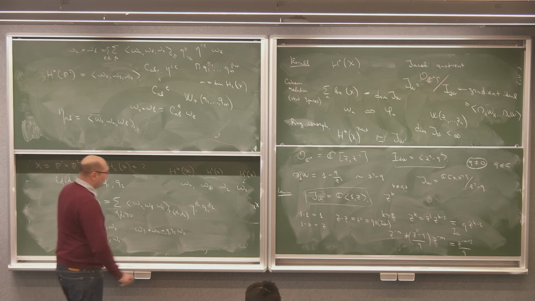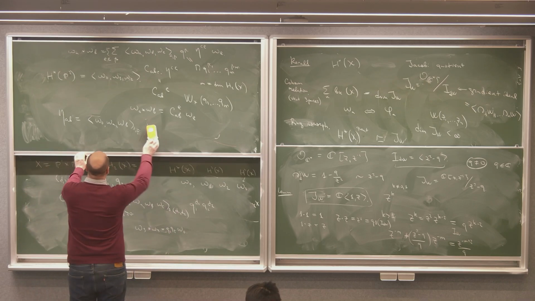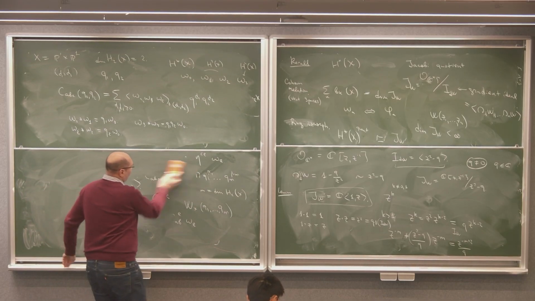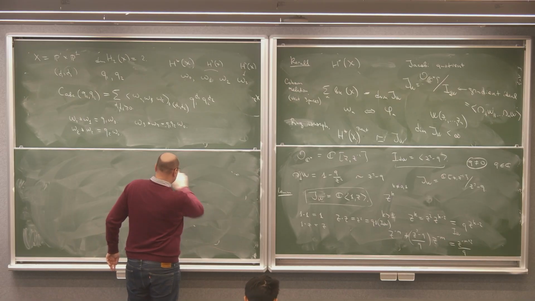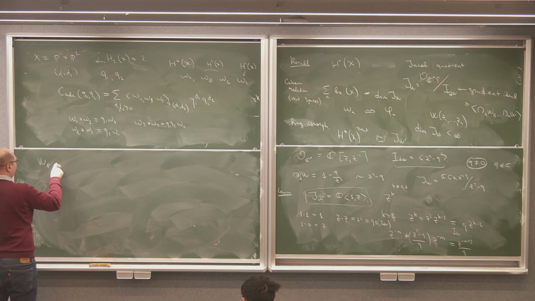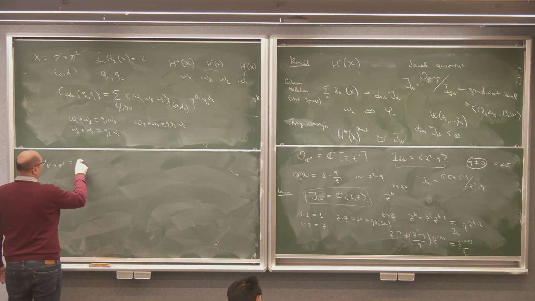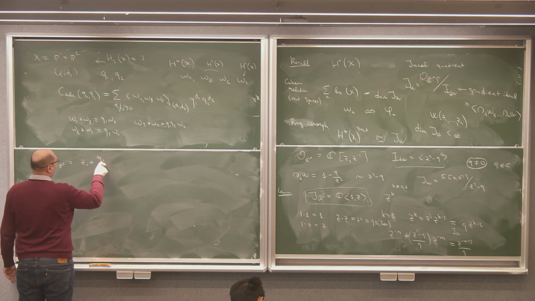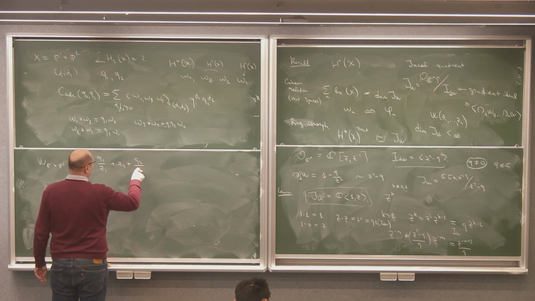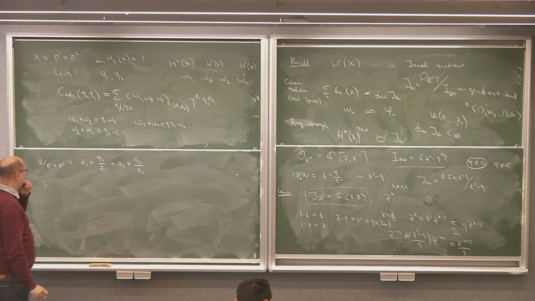So there will be these structure constants that depend on Q. And the mirror superpotential for P1 plus P1 has the following form: Z1 plus Q1 over Z1 plus Z2 plus Q2 over Z2.